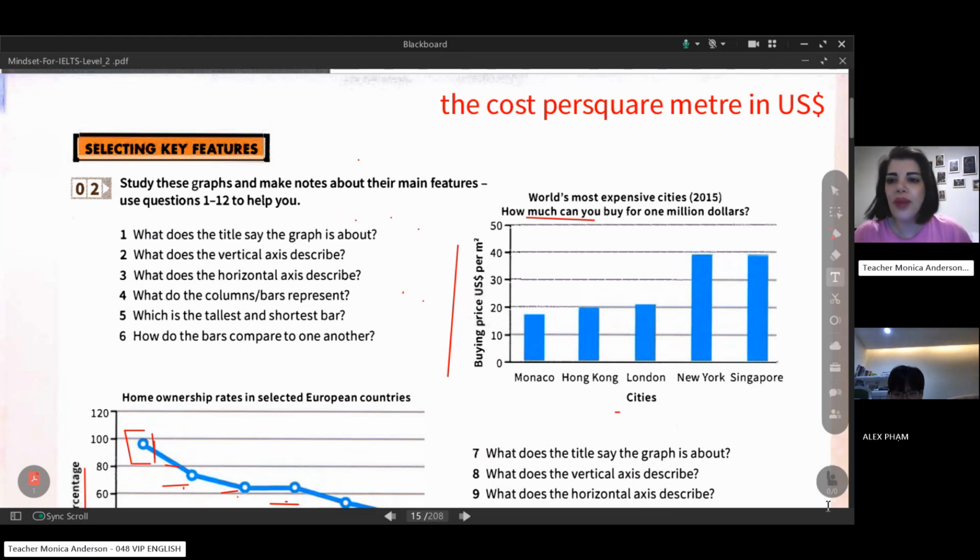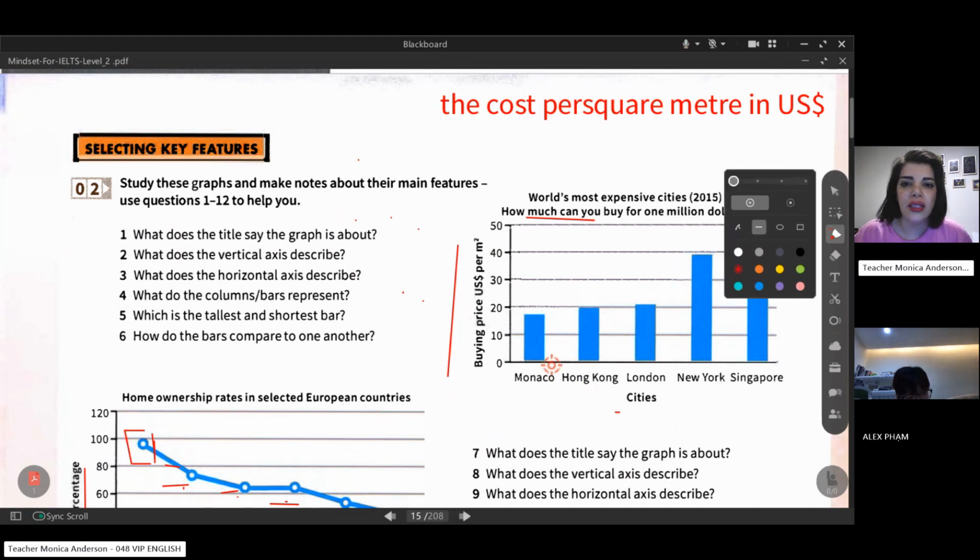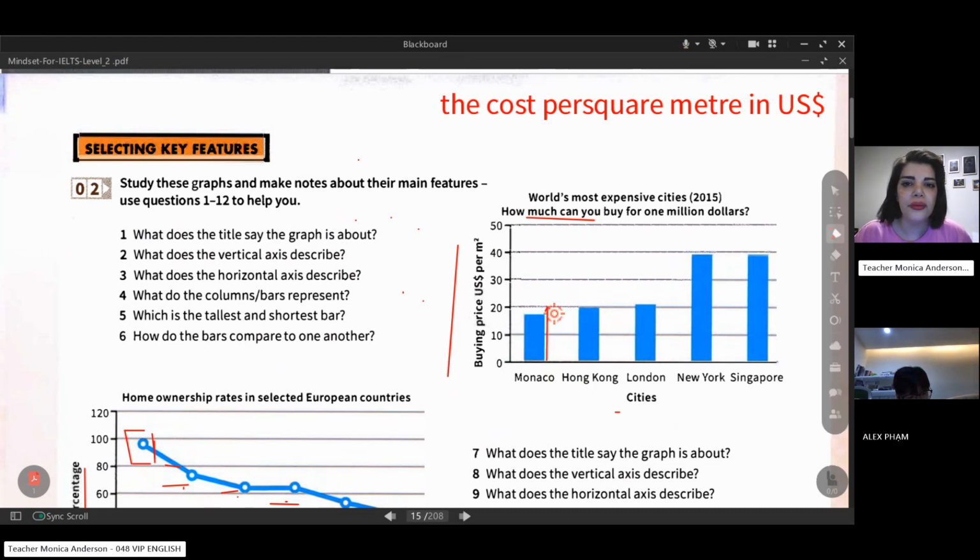It represents, it shows the cost, as you can see, the cost per square meter in each city.